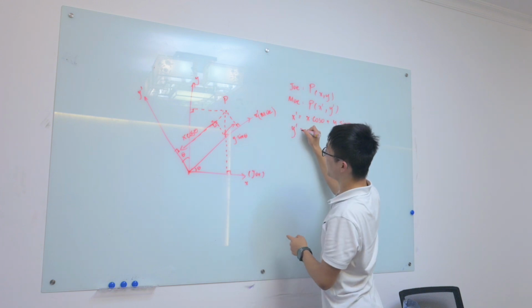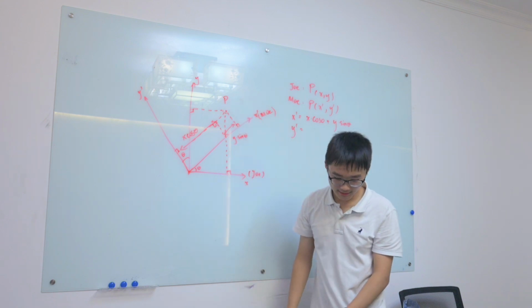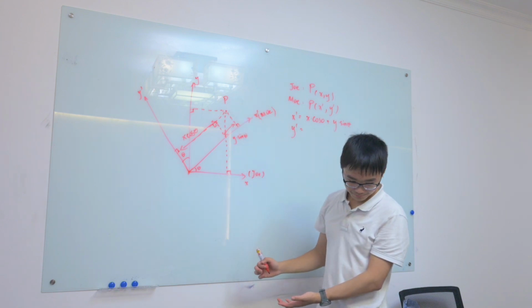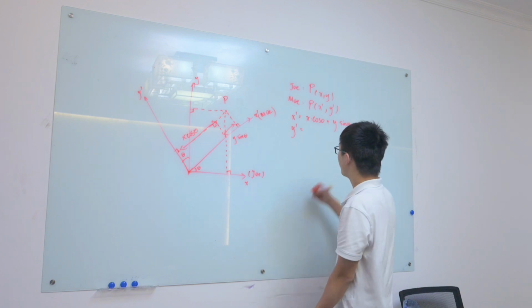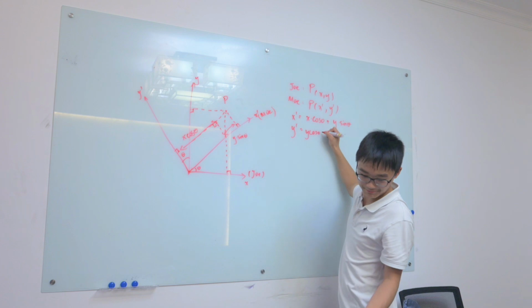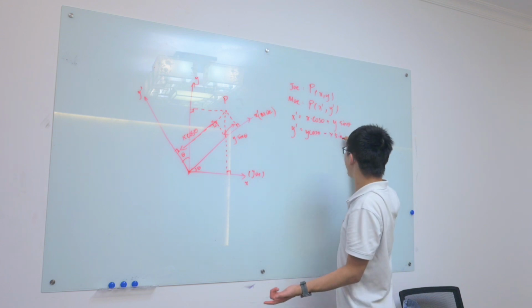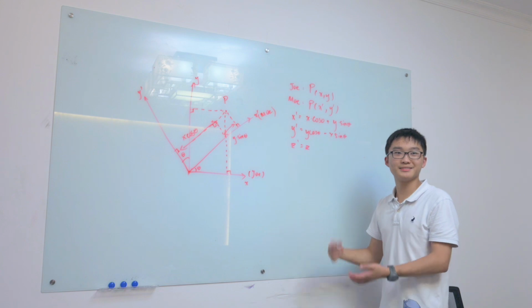And for y prime, which is this part, we will need this length. Some math tells us that it is y times cosine theta minus x times sine theta, and z prime is equal to z because they have the same z axes.